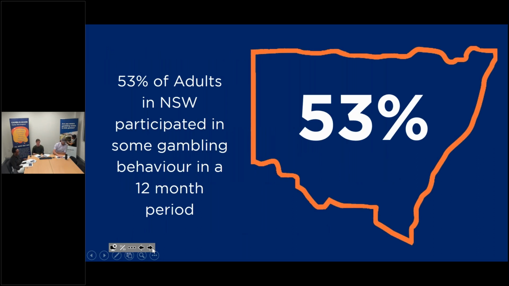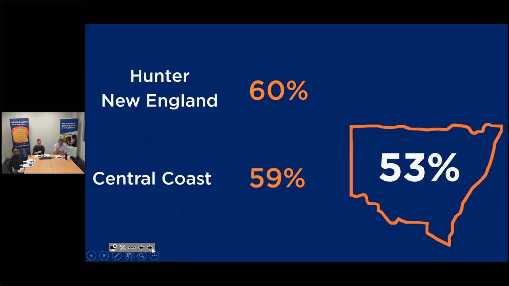As mentioned before, 53% of adults in New South Wales said they had gambled in some way within a 12-month period, but that number is higher in our PHN area. In the Hunter New England, 60% of adults reported gambling, and on the Central Coast, it was 59% of adults.